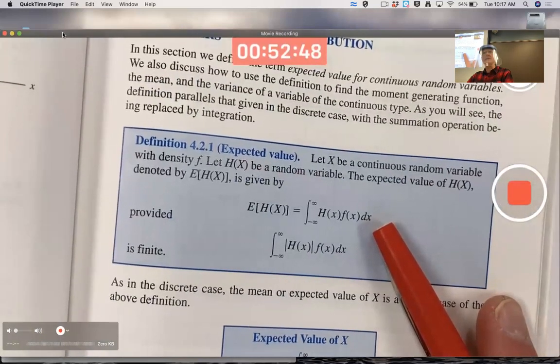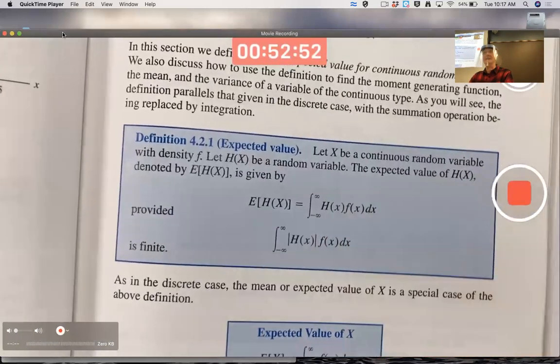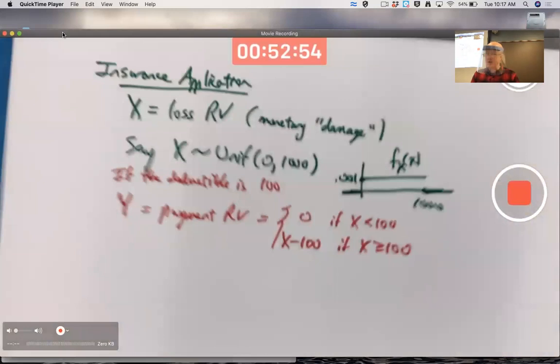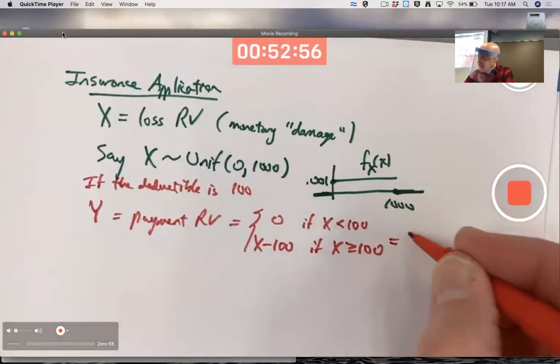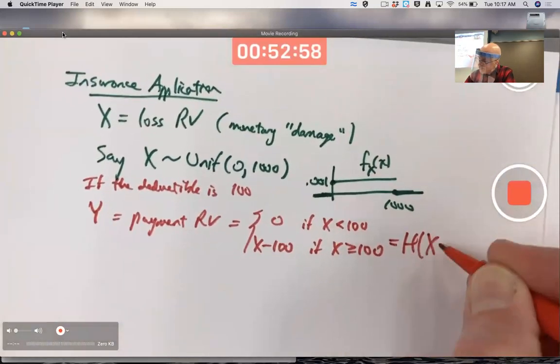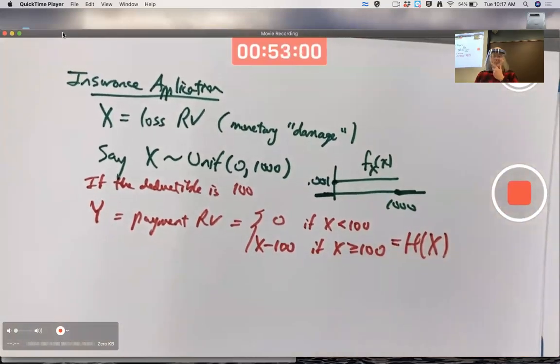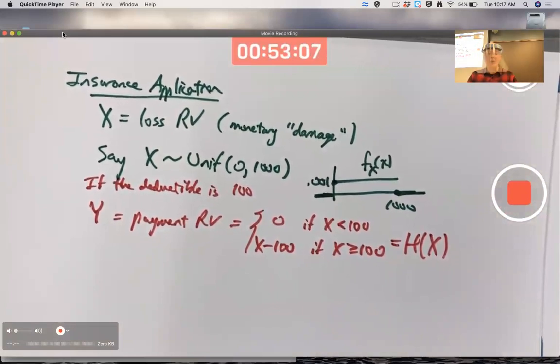I think I want to call this piecewise function, how about capital H of X? Except capital H of capital X, because capital X is a random variable. Your insurance company, based on the deductible being 100 and based on your loss distribution, is interested in the distribution of Y.